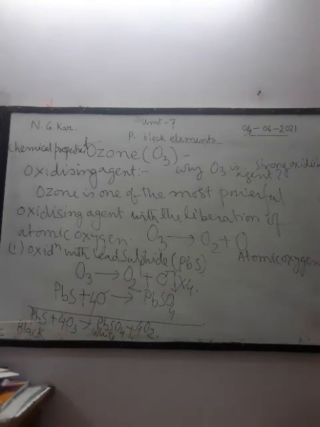This is the overall reaction. When black PbS is allowed to react with ozone, it is converted to white PbSO4, lead sulfate. This is an oxidation reaction because addition of oxygen takes place from PbS to PbSO4. Next we consider our second reaction.